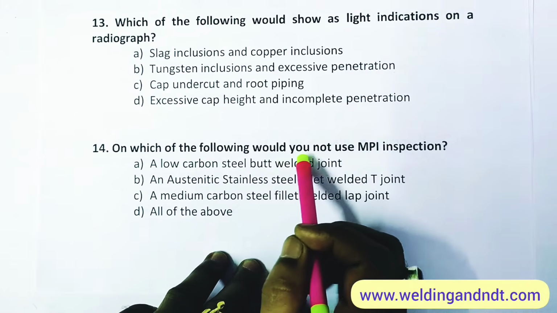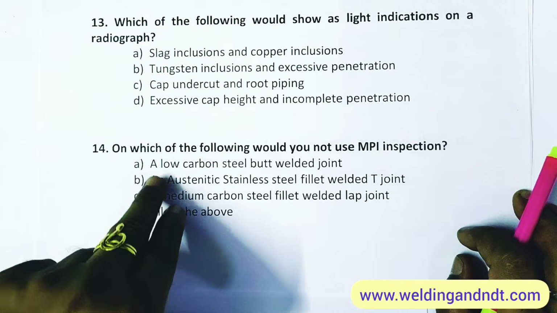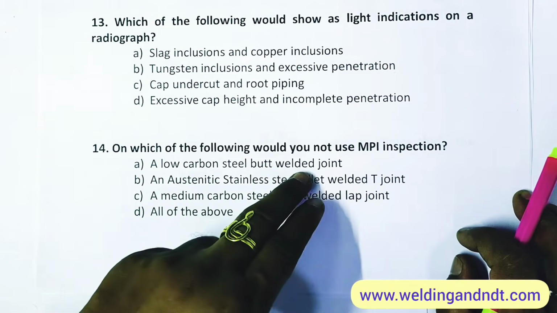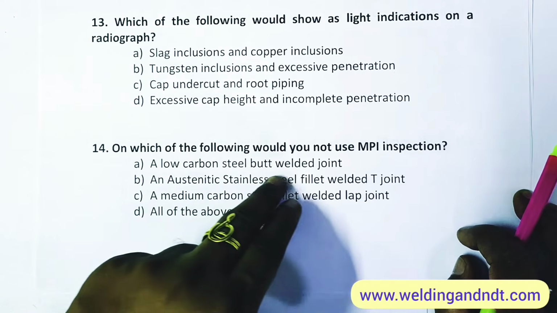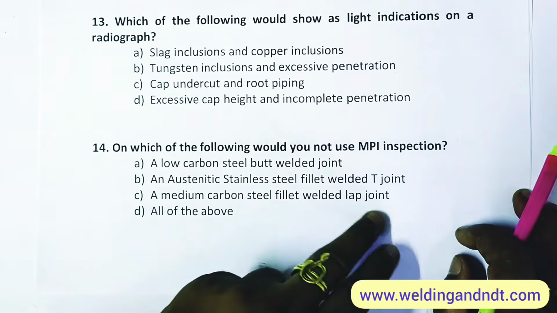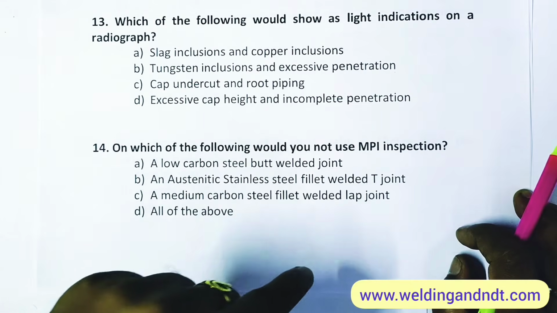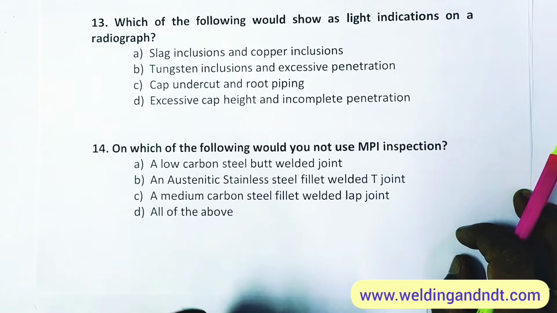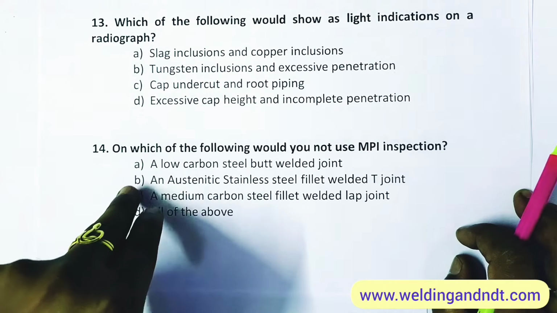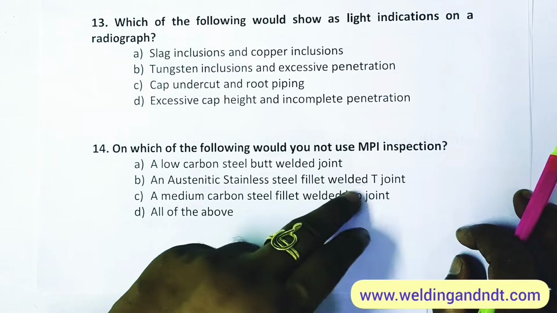Now, on which of the following would you not use MPI inspection? A low carbon steel butt weld joint, an austenitic stainless steel fillet welded T joint, a medium carbon steel fillet welded lap joint, all of the above. Please think for a second and then answer this question. So the answer is an austenitic stainless steel fillet welded T joint.